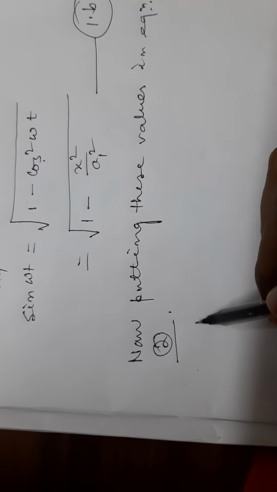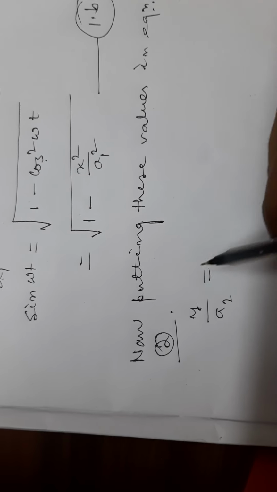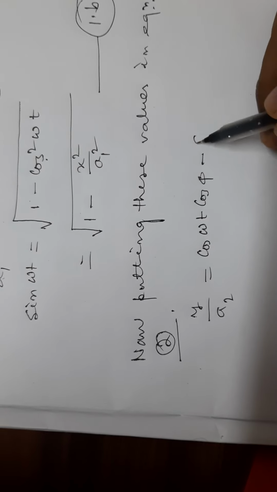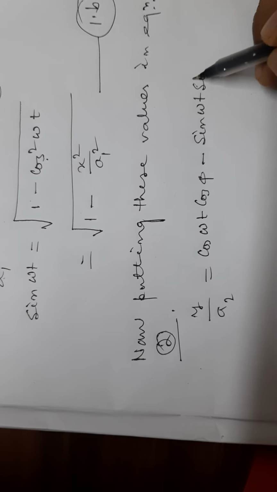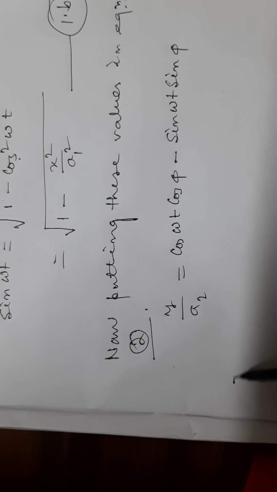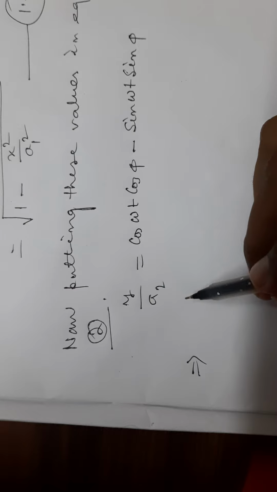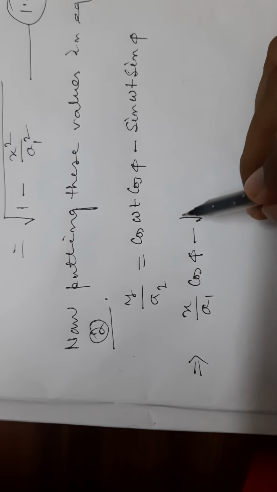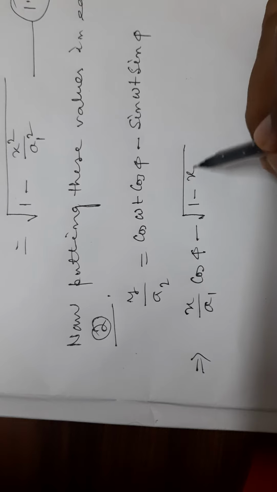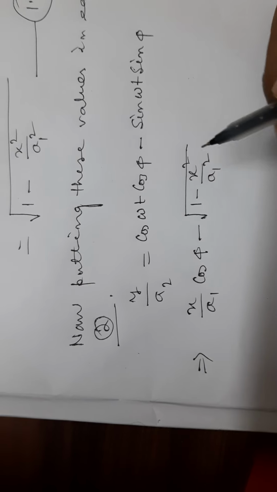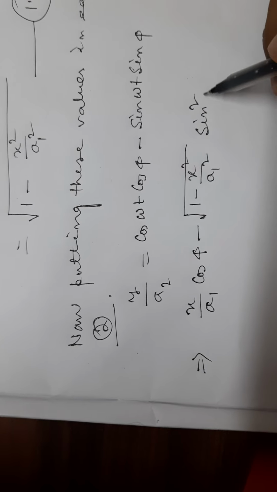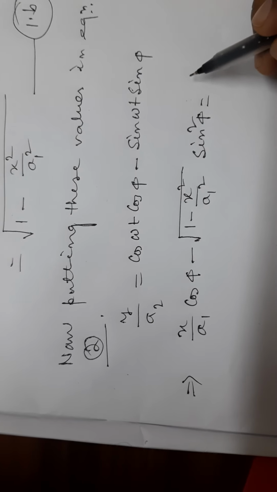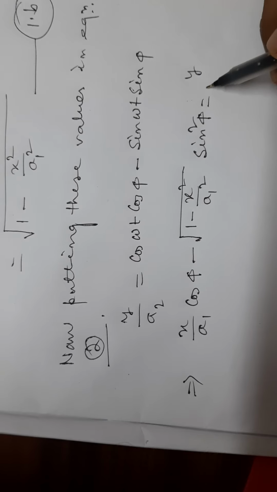Then it forms as y by a2 equals cos omega t cos phi minus sin omega t sin phi, or x by a1 cos phi minus root over 1 minus x square by a1 square, times sin phi. So y by a2 equals that.